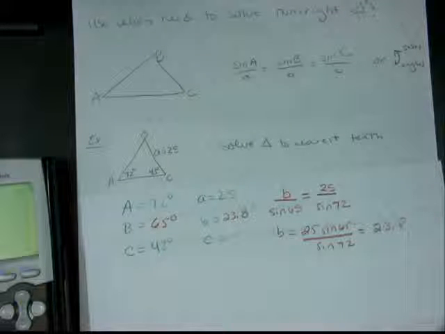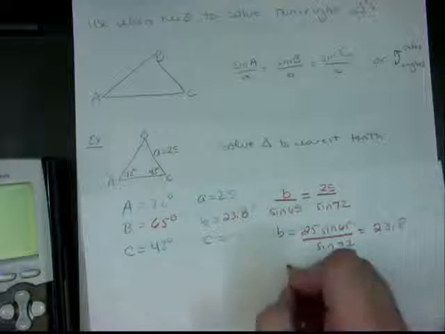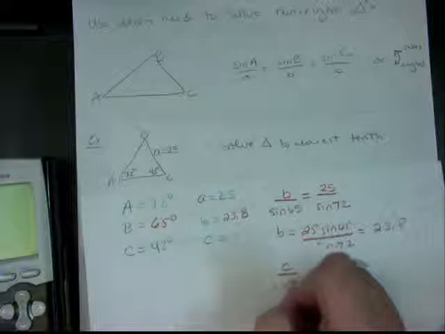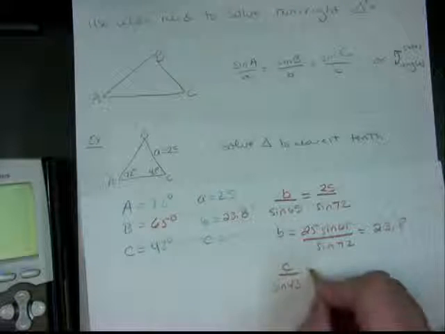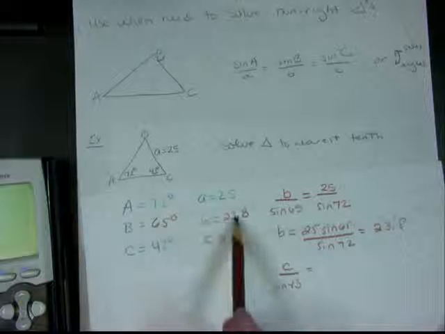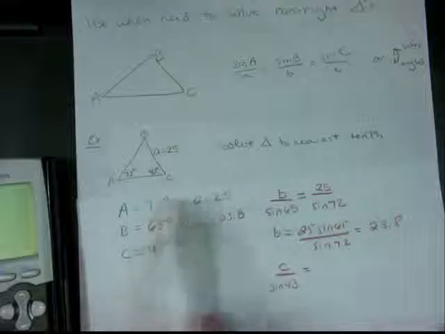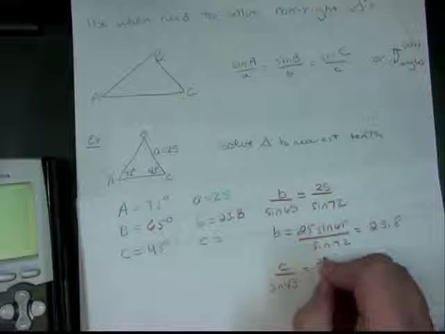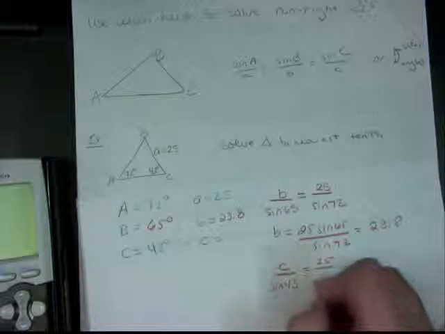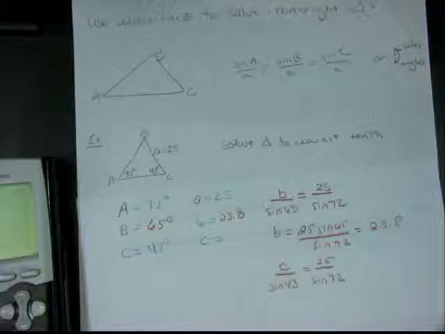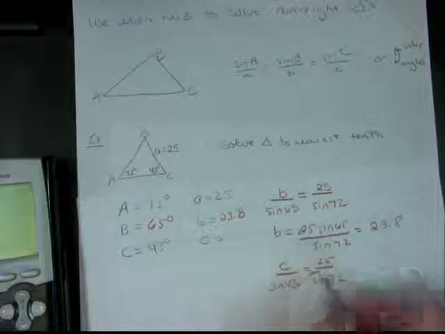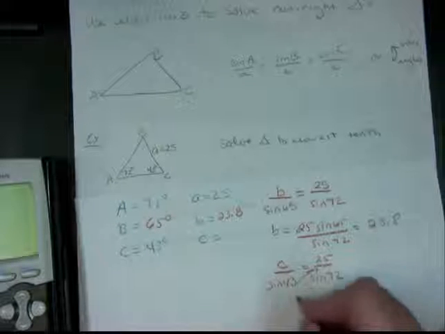And so we're going to do the same thing for side C. C is to the sine of the angle C. And now I do have angle B, but remember this is a rounded answer, so I do want to use the given when possible. So side A to angle A. Multiply the sine 43 by the 25.